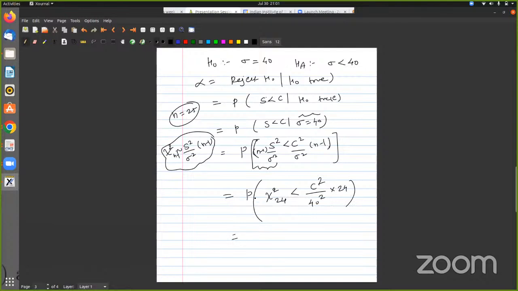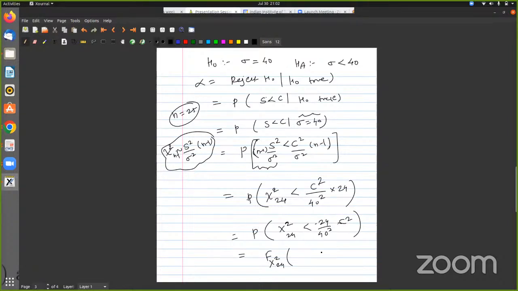So the probability that chi-square 24 is less than 24 by 40 square into c square is nothing but the CDF. So the CDF of chi-square 24 of what?